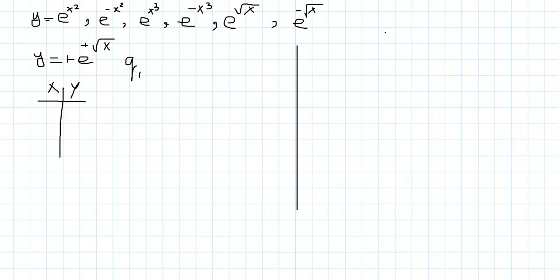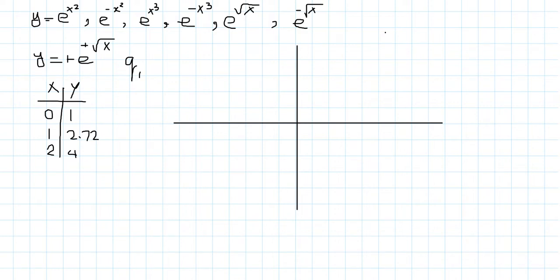It's very easy to draw, you only need to give points for x and y. If x equals 0, y is 1. If x equals 1, y is 2.72, because e is 2.7, and if x is 2, y will be 4.11.